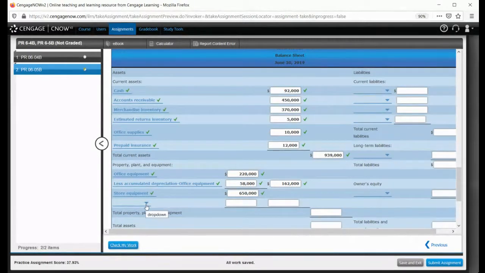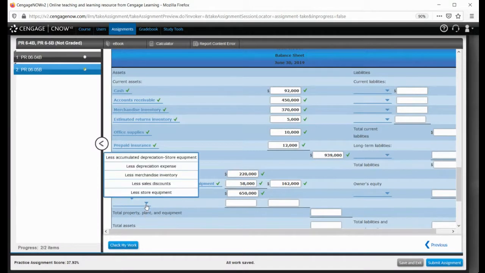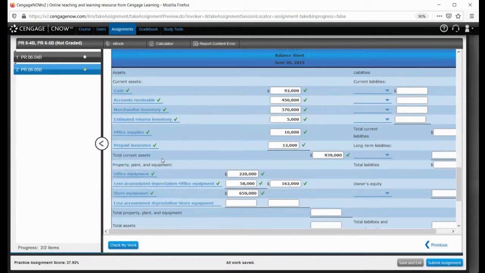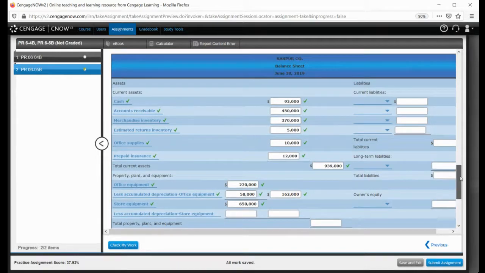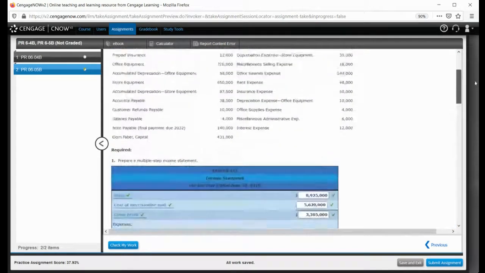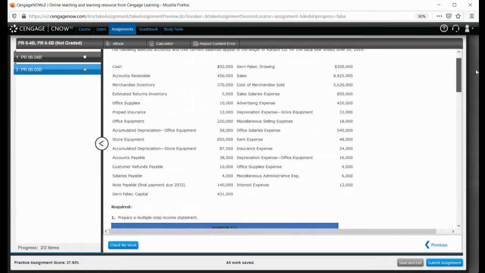Underneath the store equipment, you will find the accumulated depreciation that goes with the store equipment. We are subtracting the accumulated depreciation from the cost of the asset to get the book value. The accumulated depreciation for the store equipment was $87,500.